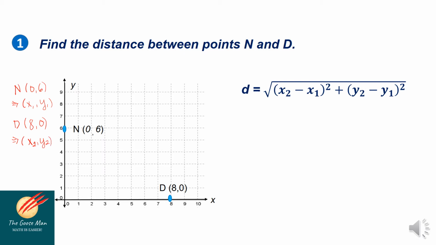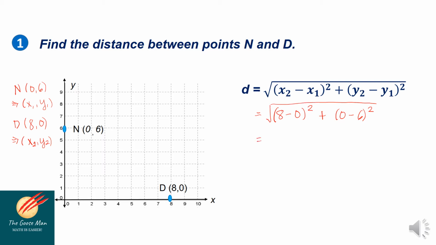Using these values, we will substitute in our formula. Take note that x sub 2 is 8 minus 0, squared, for our x sub 1, plus y sub 2, which is 0, minus the value of y sub 1, which is 6, squared. And take the square root of this expression.